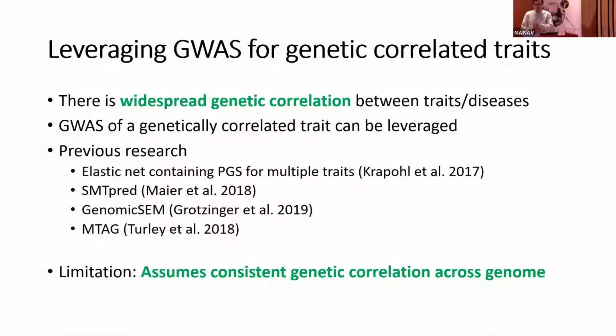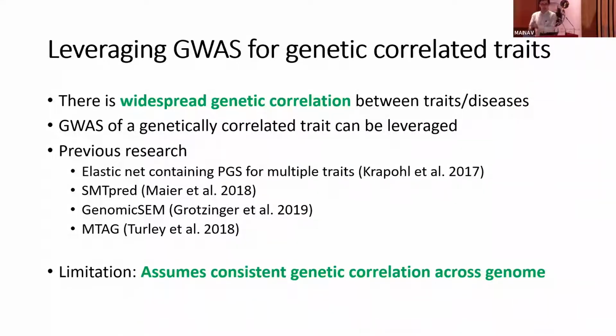So, one consideration is research has shown that there is widespread genetic correlation across traits and diseases, and it's been previously shown that you can leverage GWAS summary statistics for genetically correlated phenotypes to improve prediction of a given target phenotype. And several methods exist to do this.